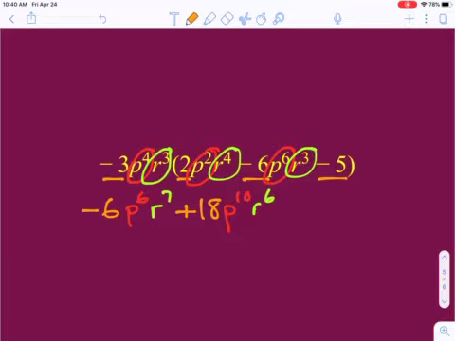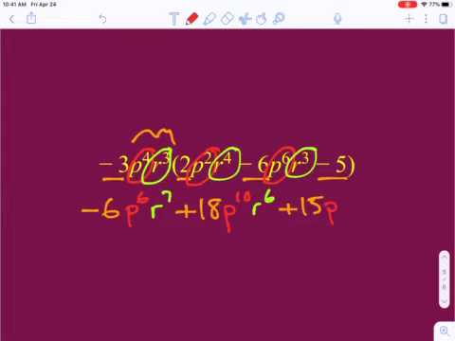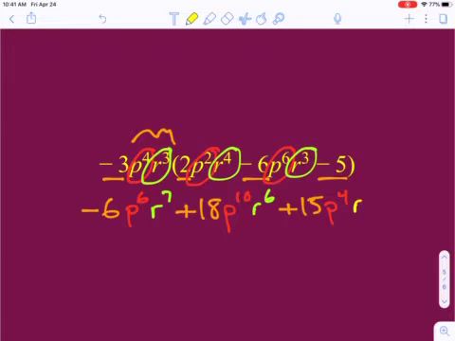So you've got -5 times -3, which gives me positive 15, and then you're going to tack the rest of this stuff on to that. So I will do that and keep with the color combination. P to the 4th, and then r cubed. Oh, I did the wrong color there. I'm failing at this.